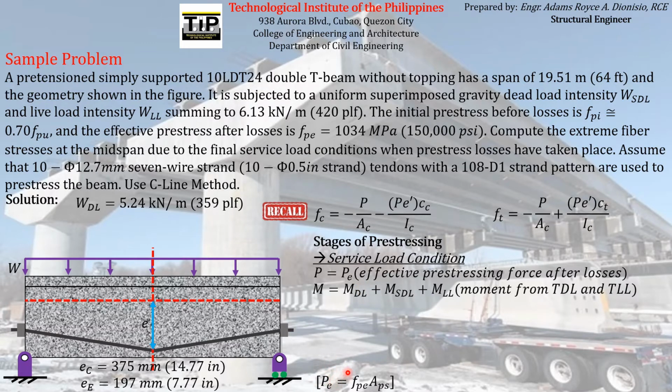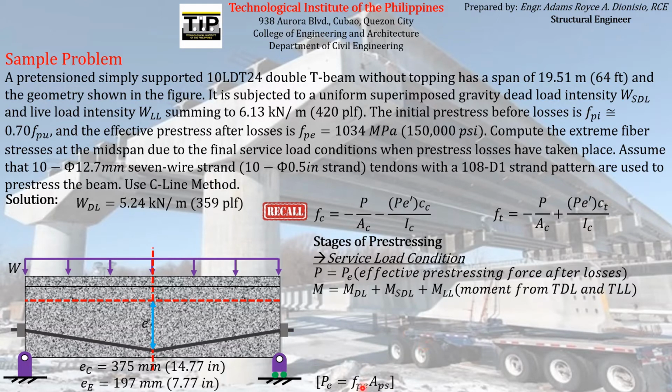Expressing that in terms of the effective pre-stressing force PE, it will be equal to the stress, which is the effective pre-stress experienced by the pre-stressing reinforcement, given in the problem as 1034 megapascal, and the total cross-sectional area of the pre-stressing reinforcement, which is 10 diameter 12.7 mm 7-wire strand, each with a cross-sectional area of 99 mm squared.